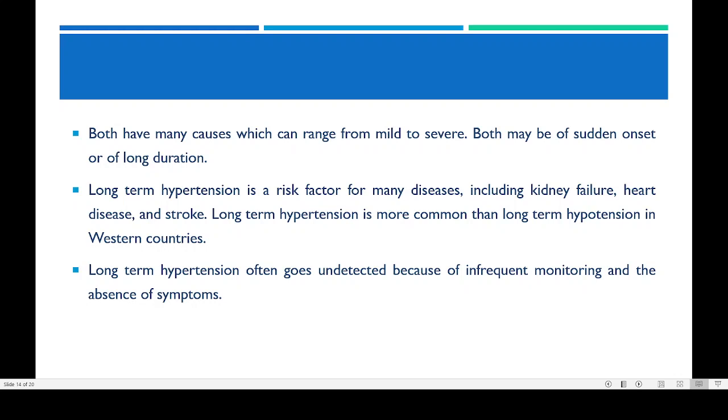Then the best way by which we can control it, because in our normal lifestyle, the majority of people after an age, for some people after 40, for some after 50, for some after 60, will have this problem of higher blood pressure. So it is just becoming a routine problem.